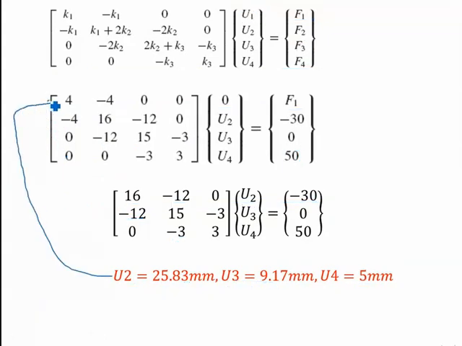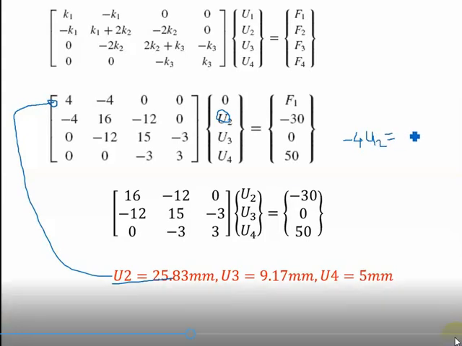Now you put the value of U2 in the first equation, that is 4 into 0 minus 4 into U2 is equal to F1. Now what is F1 here?